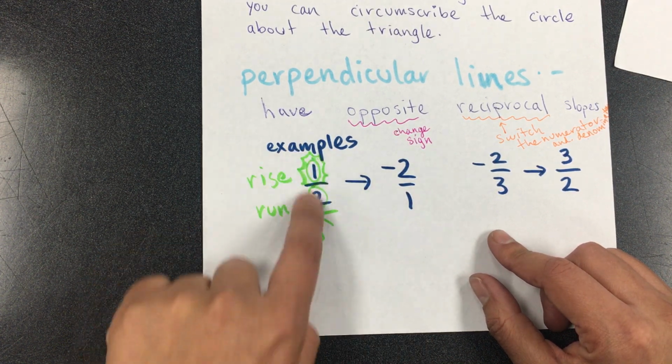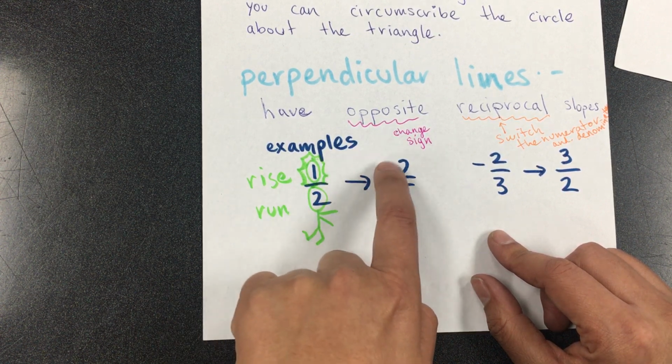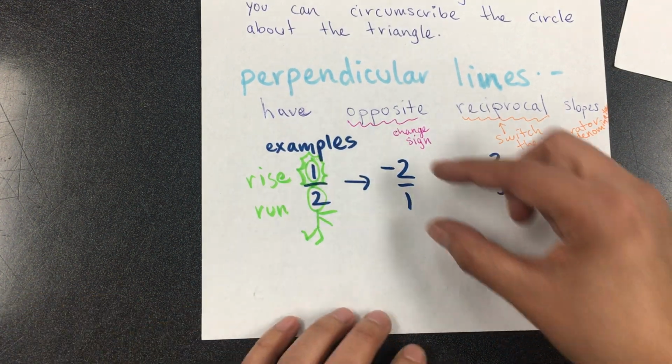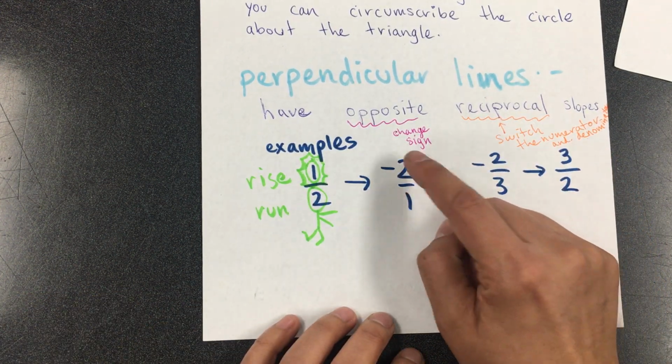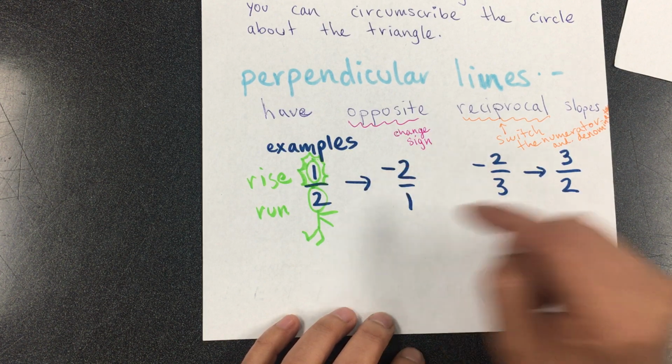But since this was positive, you're going to put a negative. And this negative doesn't matter if you put it on the 2, on the 1, or in the middle. It's for the whole fraction, but you use it only with one of the two numbers when you're graphing.